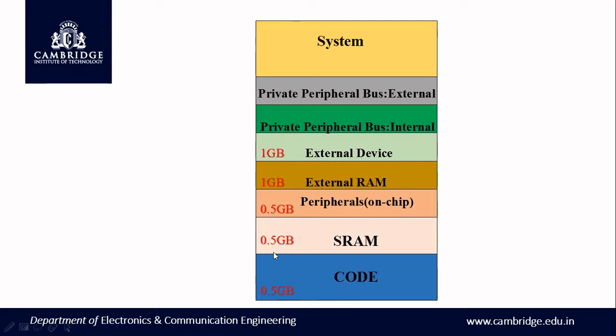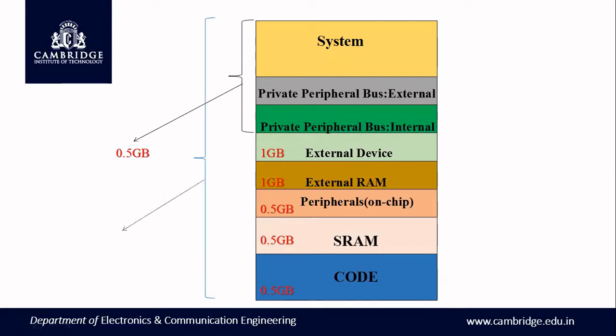So now we have 3.5. We are left with again a 0.5 GB, which is assigned for the system level control space, which includes the PPB bus and the vendor specific region, right? So totally the memory space comes up to 4 GB. So Cortex-M3 processors support 4 GB of memory, right?